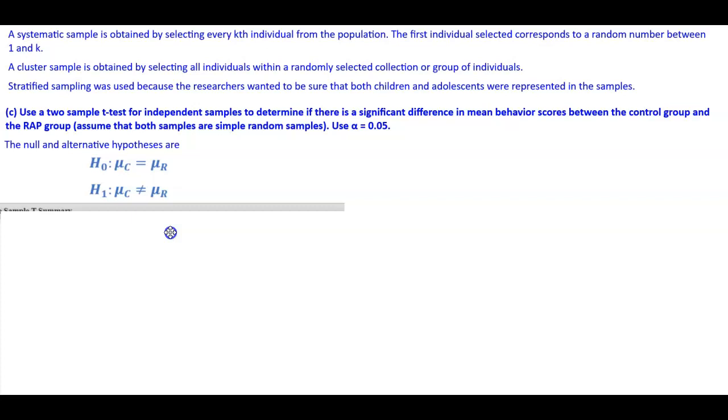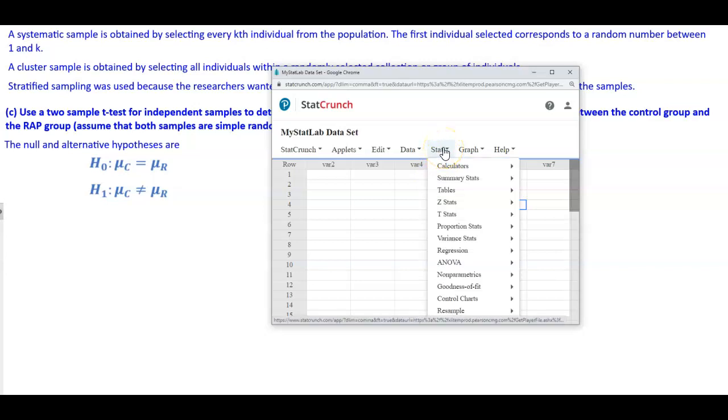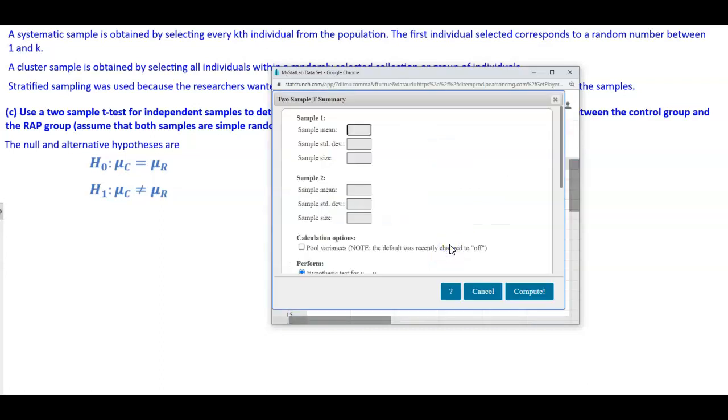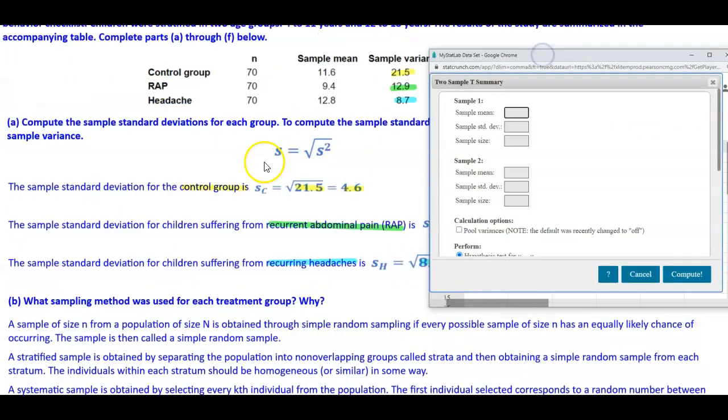So now we want to go to the two-sample T. We're going to go to StatCrunch, then go to Stat, then the two-sample T, but we have summary, so we're going to select summary. Then we're going to put in the information that we need. The sample mean for the control group is 11.6.